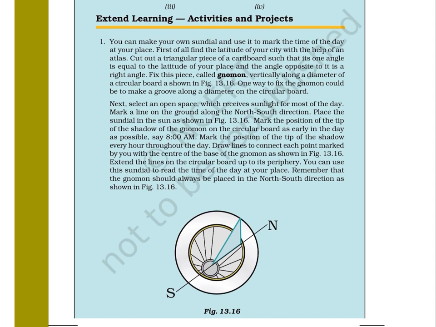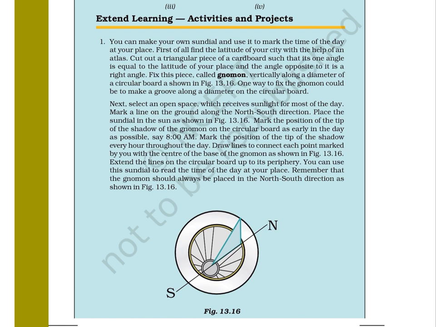One way to fix the gnomon could be to make a groove along a diameter on the circular board. Next, select an open space which receives sunlight for most of the day. Mark a line on the ground along the north-south direction.